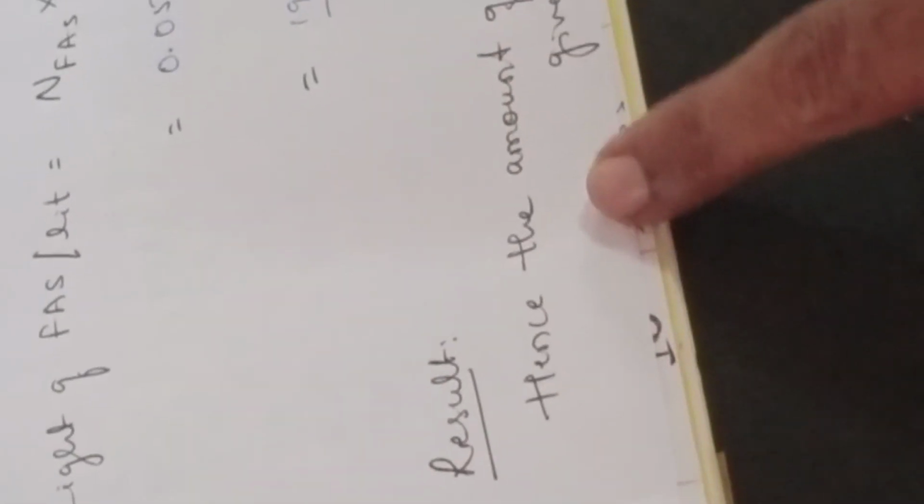So multiply 0.05 into 392.14, and we find 19.6 gram per liter. Hence the amount of FAS in the given solution is 19.6 gram per liter. In this way, we find the amount of FAS in the given solution.